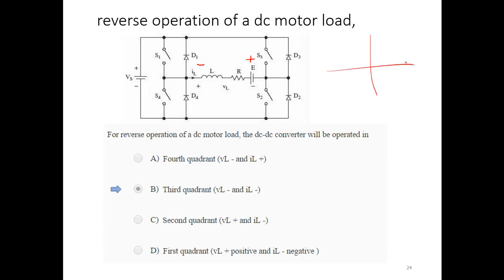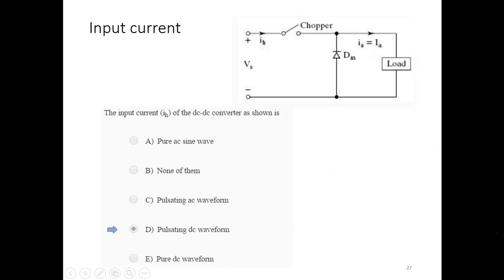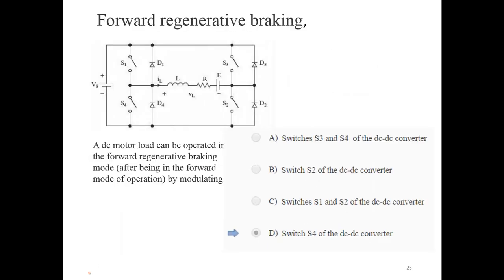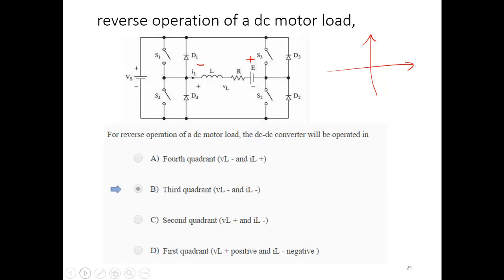First quadrant, this is the V and I. The VL and I in the first quadrant will be VL positive and I positive. This is the one you want to make sure of in the third quadrant.